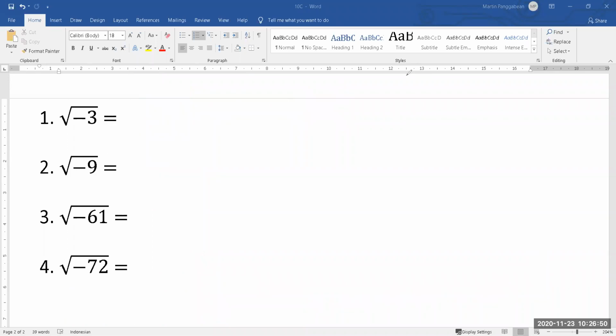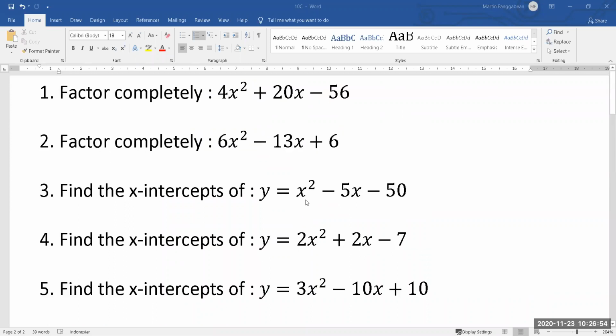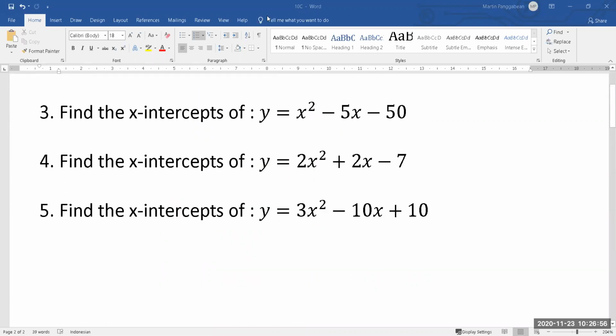This is the last thing that I want to teach you before I dismiss you. For your homework, you will find the x-intercepts, or the values of x, some of which are imaginary numbers. And then you need to check.